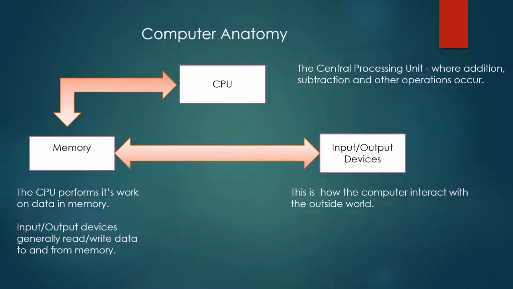Memory has two principal uses. One, to store the code that the CPU runs, and two, to store data that the CPU code requires to do its job. To be useful, computers must interact with the outside world in some way, and that's what input-output, or I/O, devices are for.